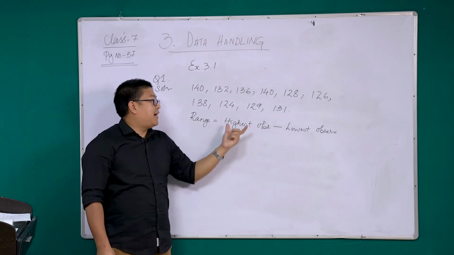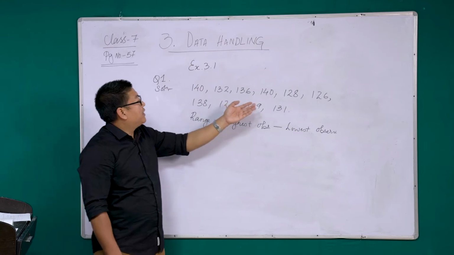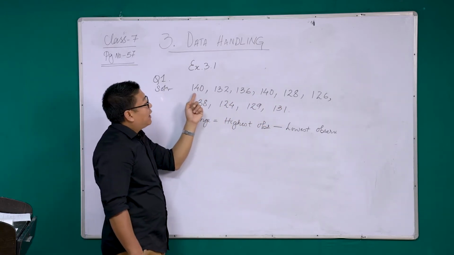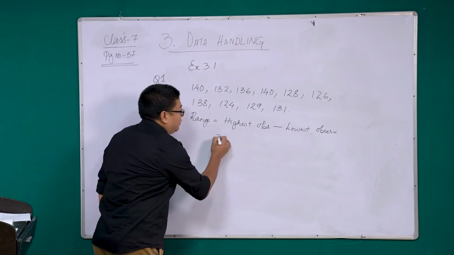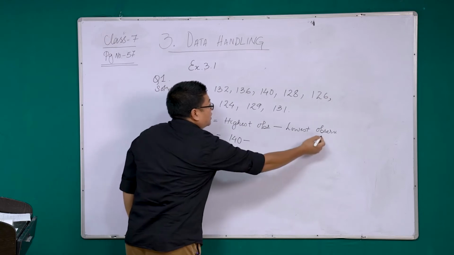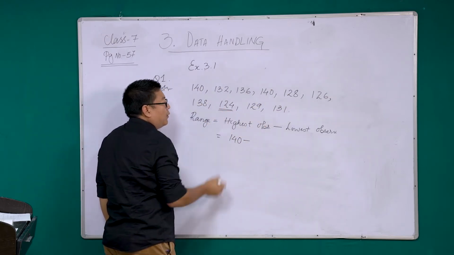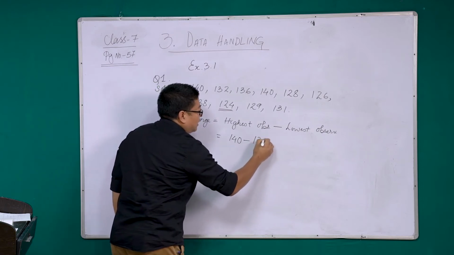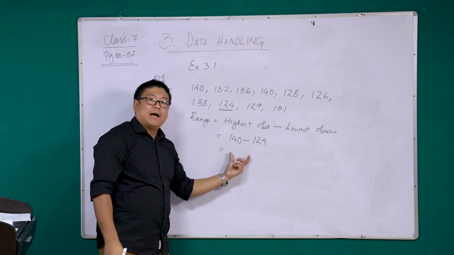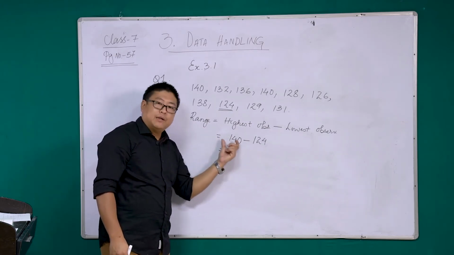Now, range means highest observation minus lowest observation. Looking here, the highest number is 140, minus the lowest observation. When you look at these data, you can see that 124 is the lowest. So to find range, you simply subtract the lowest from the highest.